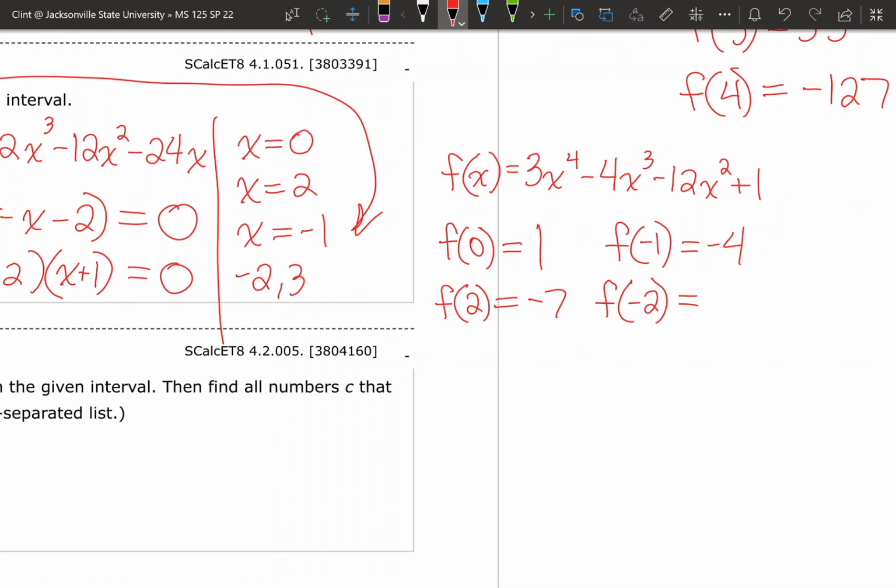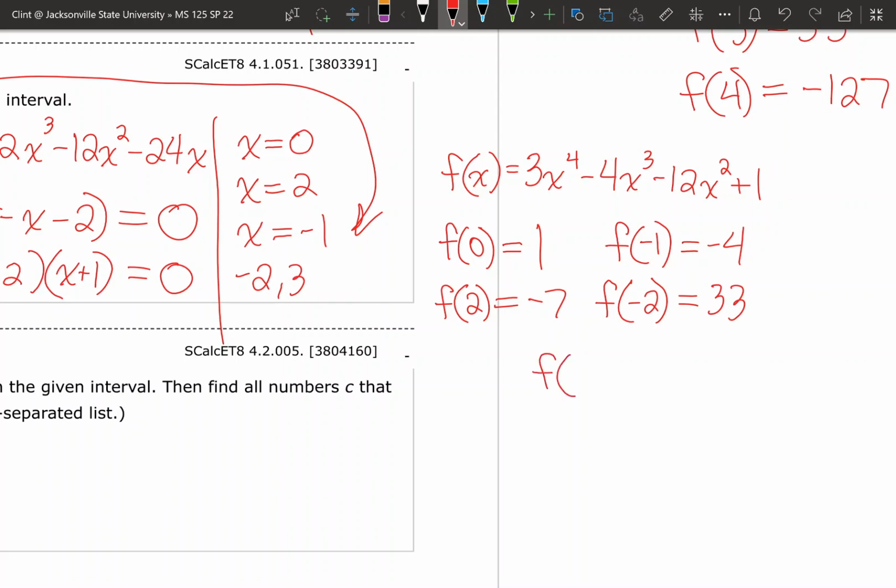So 3 times 16 minus 4 times -8 minus 12 times 4 plus 1. 33 on that one.